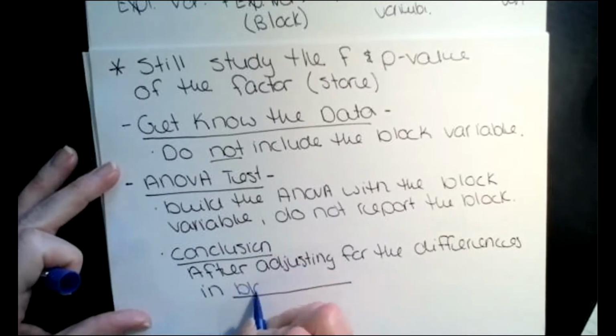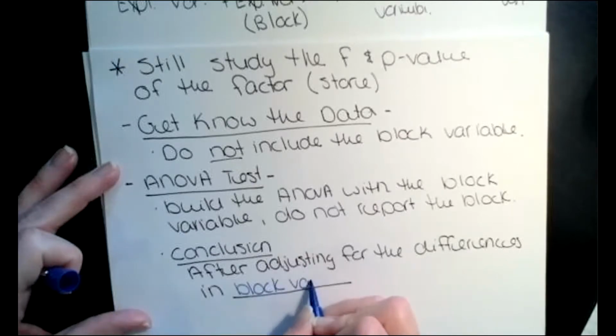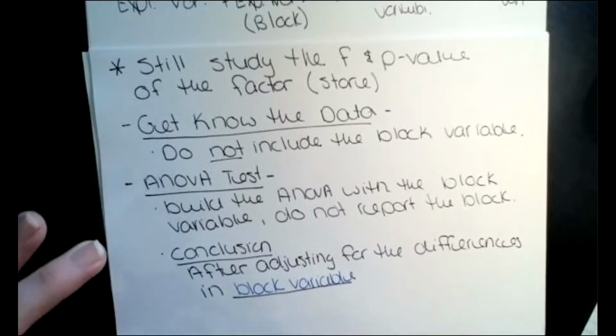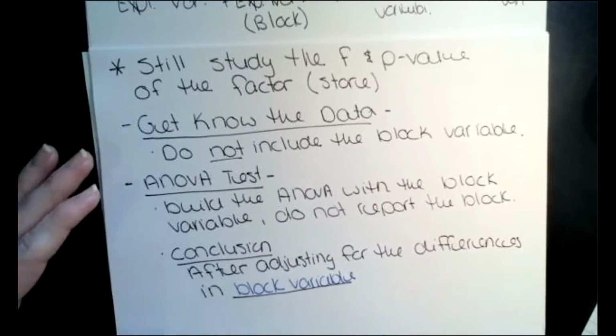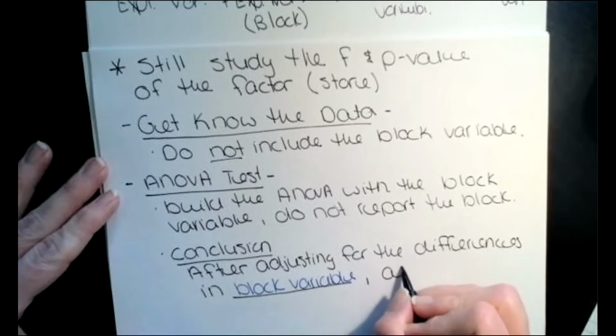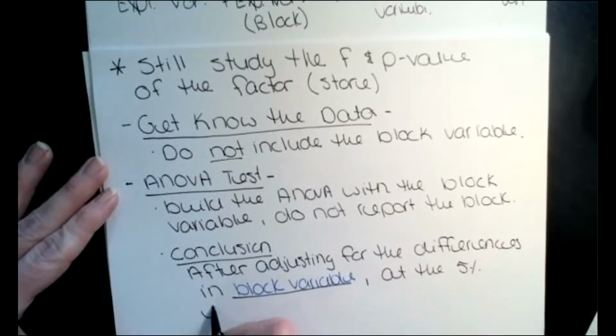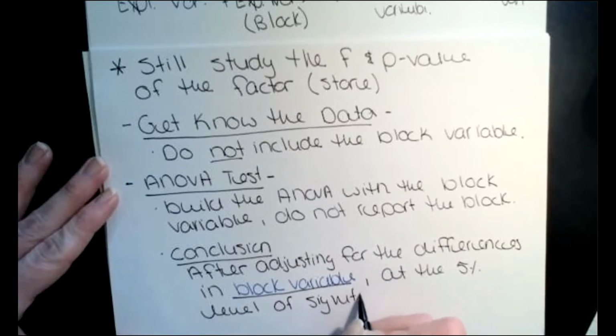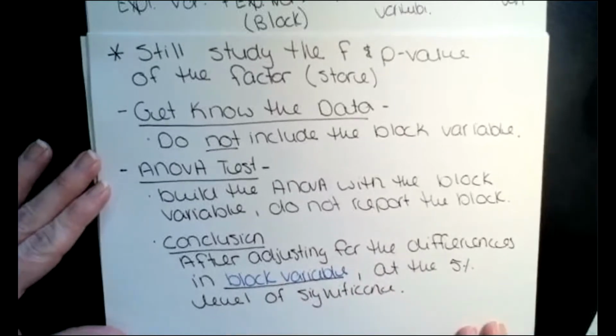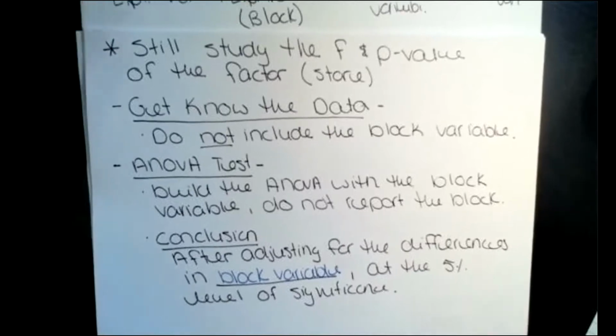So for this example we're studying right now, we would say after adjusting for the differences in item, and then I would continue, I would say at the 5% level of significance, and then I would just continue with my normal conclusion statement that my sample does or does not support that the factor has an effect on my variable, right?